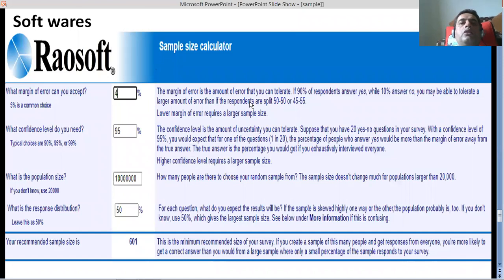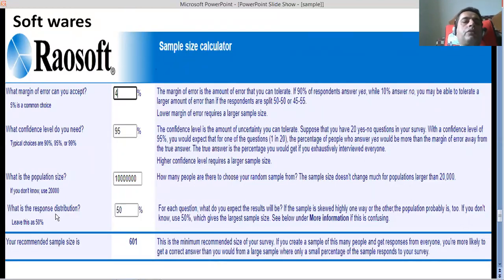There are a number of different software packages that you can use to figure out sample sizes easily. There are a lot of them on the internet, and Raosoft is one of them. Just type it in Google and you will be directed to this site, where you can define your margin of error, what confidence level you need, 90%, 95%, or whatever, and your population size, 100,000 or more than 100,000.